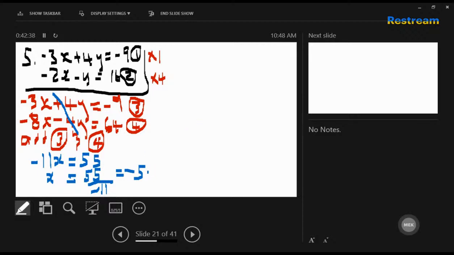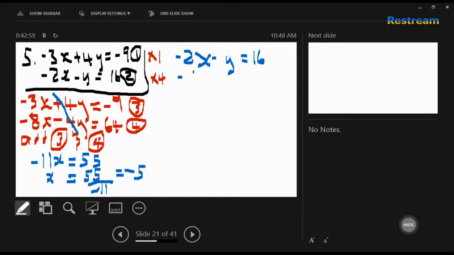So let's plug this either here or here. You decide. I'm going to go with equation 2. So that's negative 2x minus y is 16.